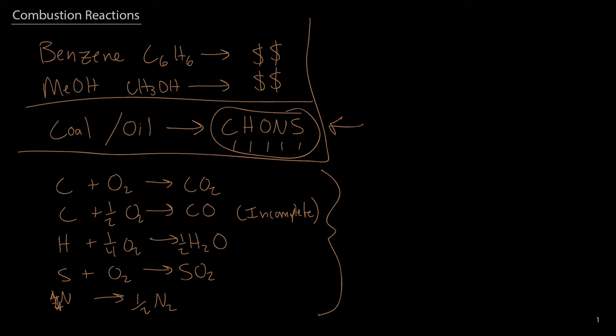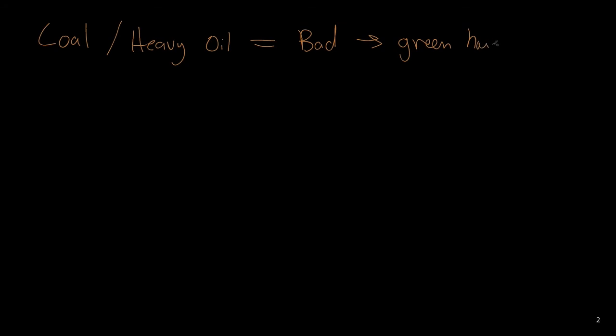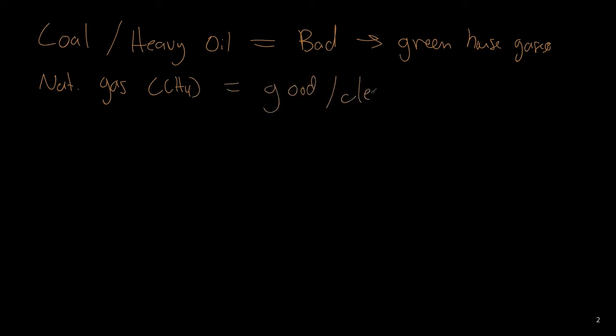Now, you may have heard that coal or a heavy oil is bad for the environment, or it makes a lot of greenhouse gases. And that conversely, natural gas, which is predominantly methane, is relatively good or clean.